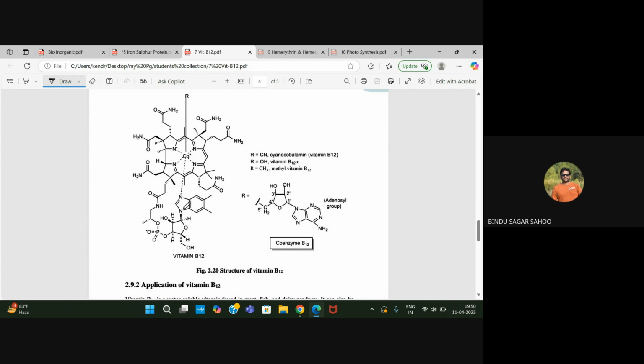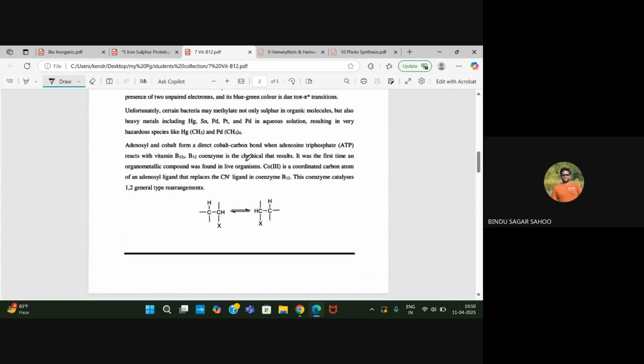And below the plane, it is connected with another amino acid, histidine, and its total geometry is just like an octahedral one. So what is the role of vitamin B12? Particularly, it acts as a group transfer reagent.